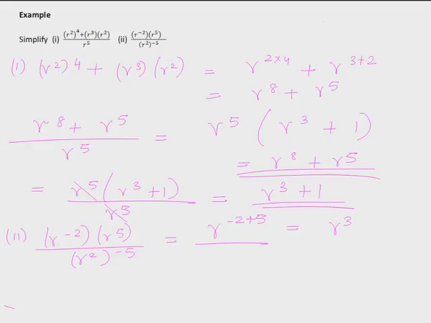Denominator, since I'm raising a power to a power, I multiply the exponents. 2 times minus 5, which is equal to R raised to minus 10. So I have R raised to 3 upon R raised to minus 10. What do I do to exponents when I divide? I subtract them. So this becomes R raised to 3 minus 10, which is R raised to 13. So that's my answer.